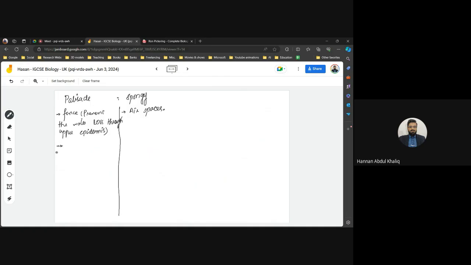Okay. Next point: palisade cells are column shaped, and they are mostly octagonal. Their cell walls are thick, while the other ones' cell walls are thin.